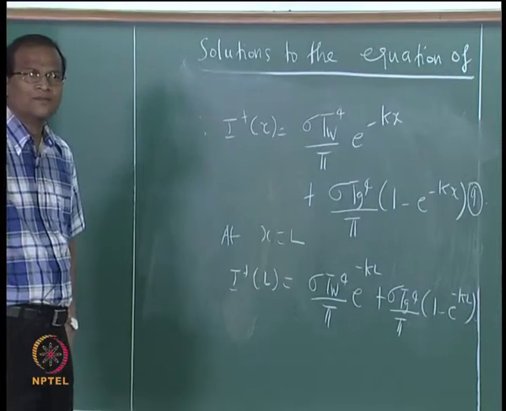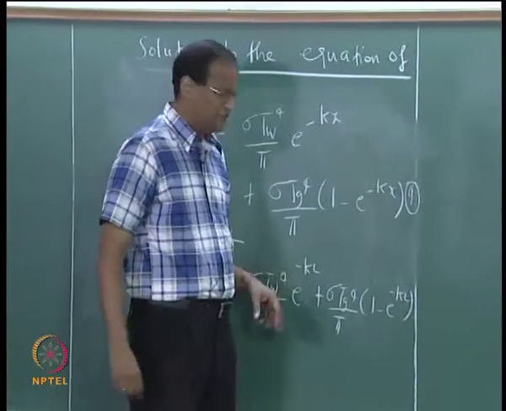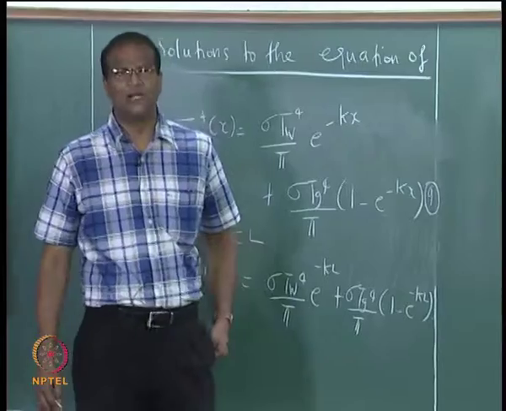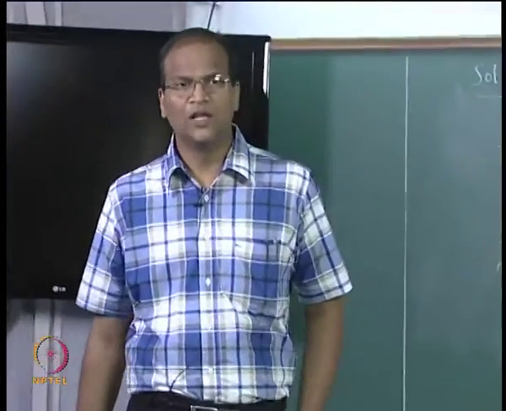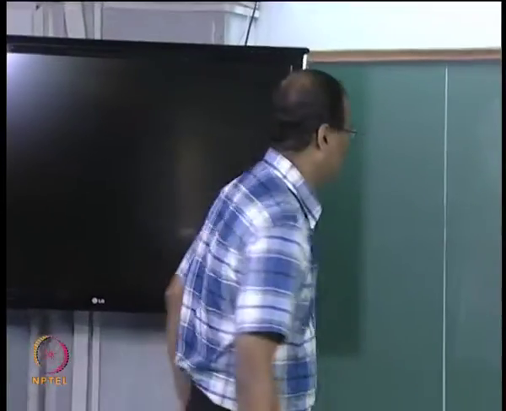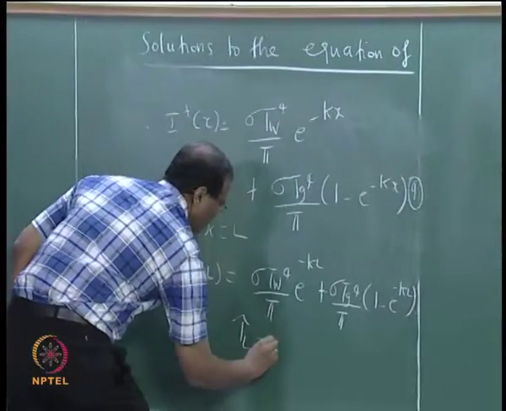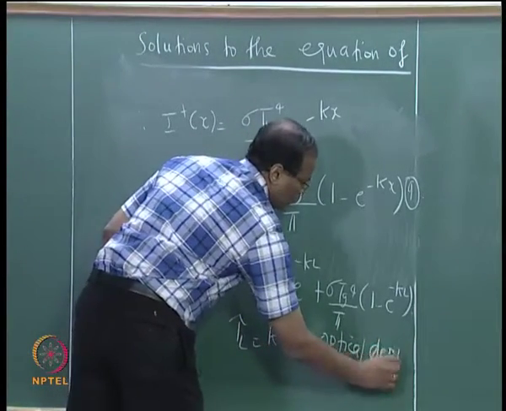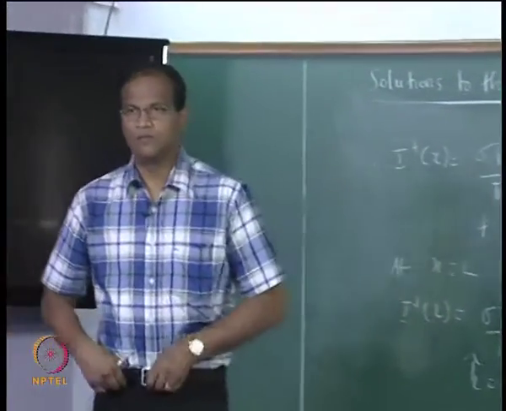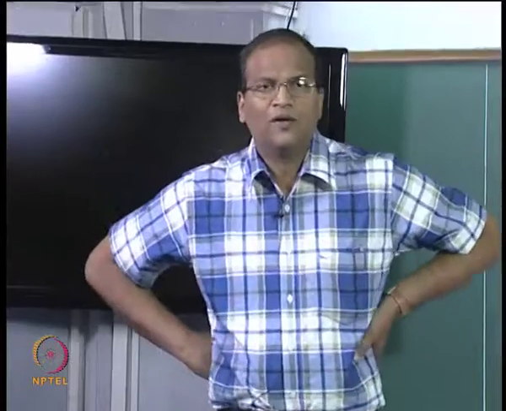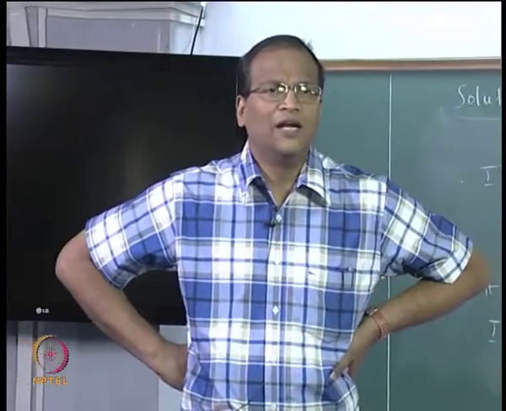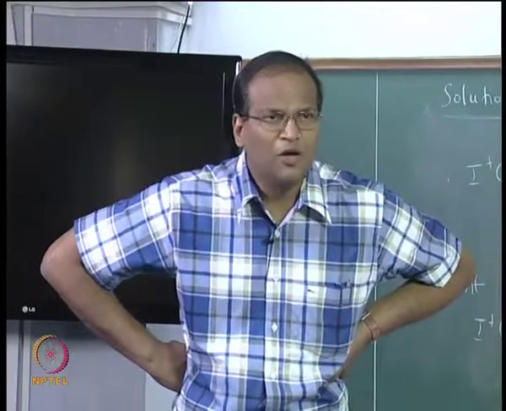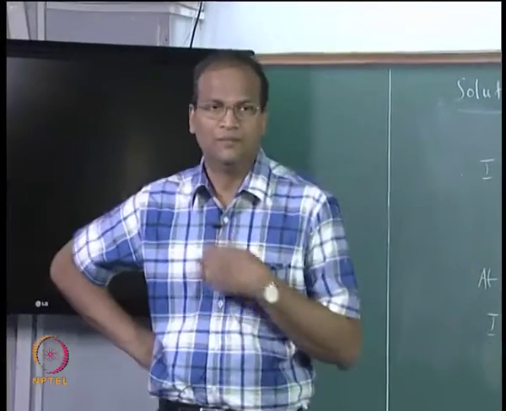What are the units of kappa? Meter inverse, L meter. So the product of kappa into L, the kappa into x frequently appears in radiative heat transfer. So it is called the optical depth, okay, kappa into L. So if for two media the optical depth of one medium is higher compared to the other, what does it mean? Its capacity to absorb radiation is much more, correct.